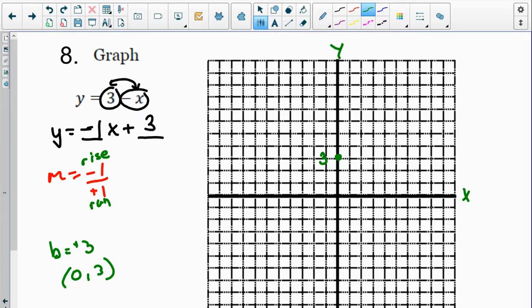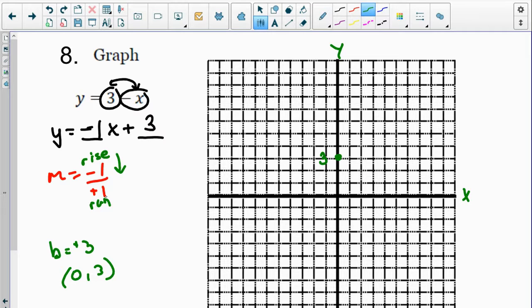Which way am I going to go? If my rise is negative, do I go up or do I go down? And hopefully you're realizing that, well, normally rise goes up, like the sun rises in the morning, it goes up in the sky. But if it's a negative number, that means it's actually going down. So I want to go down 1.